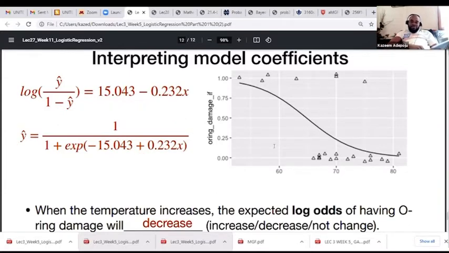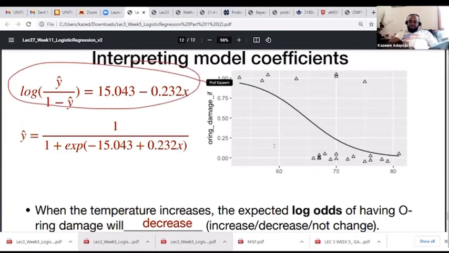Now, how do we interpret the one in Logit form? If you want to interpret the one in Logit form, you're going to say the log of the expected probability of damage to the probability of no damage.